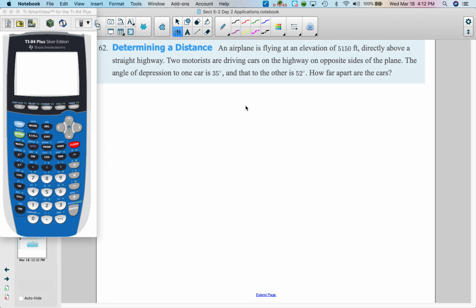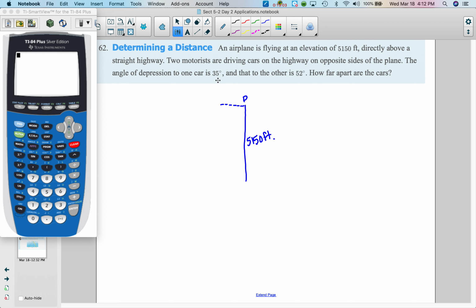So I'm going to draw a vertical line representing the height of my airplane. So this is 5,150 feet. Then I've got an angle of depression of 35 degrees. Remember that is always measured from the horizontal. So this is the airplane right up here.